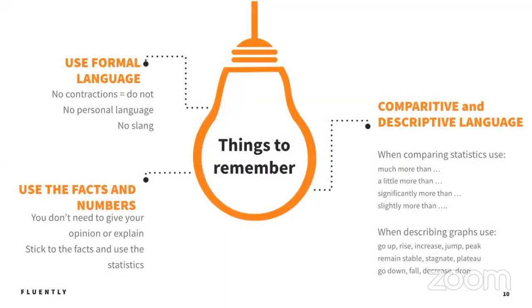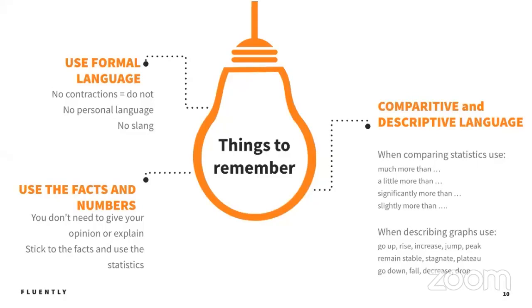Okay, a few things to remember. Task 1 is a formal piece of writing. So use formal language. That means no contractions. So instead of can't or don't or isn't, you write cannot, do not, is not. Always write everything out fully. In task 1, no personal language. Okay, so you don't need to write I or my or anything like that.